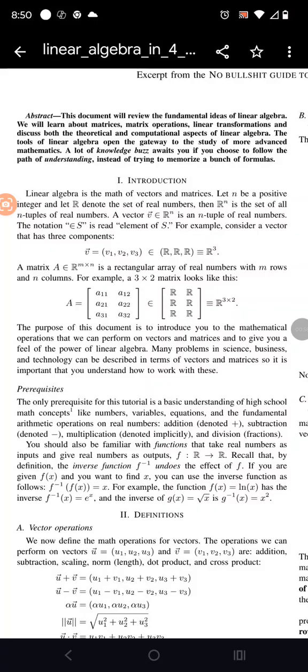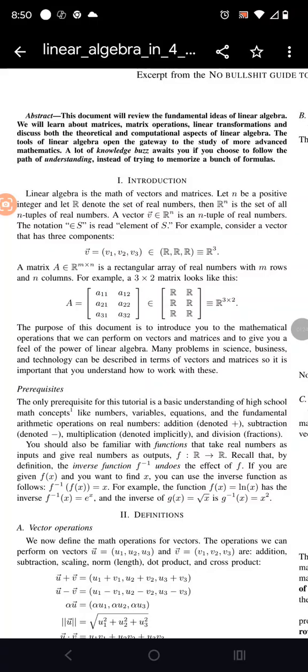For example, consider a vector that has 3 components. v̄ equals v1, v2, v3. So it is an element of set R cubed. A matrix A, which is an element of R to the power m times n, is a rectangular array of real numbers with m rows and n columns.